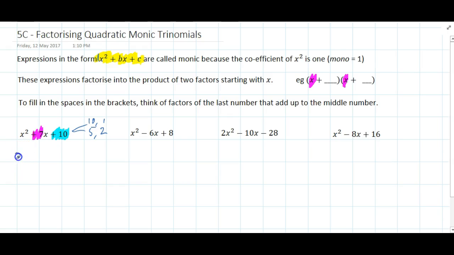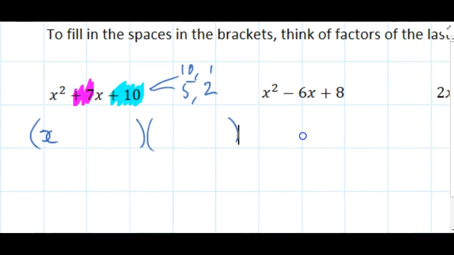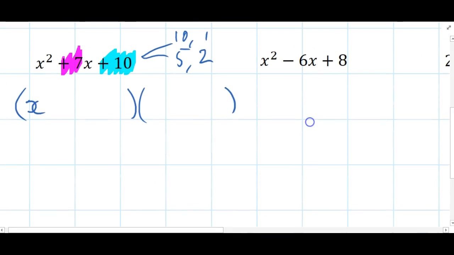So we start off by putting our brackets in like this, and I'll make it bigger. Because these are positive factors, we put pluses in here. So x plus 5, x plus 2. That's how you factorise that. That's as far as you can go with this one. If you expand that, you'll get the original answer. Factorising is the opposite of expanding.